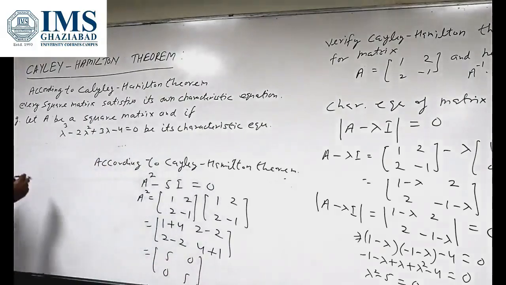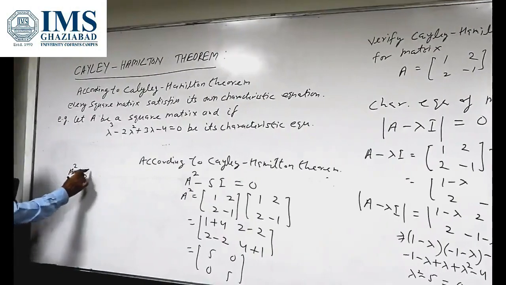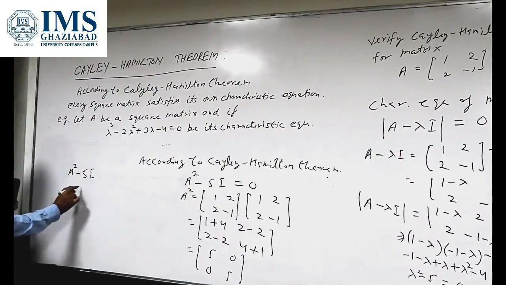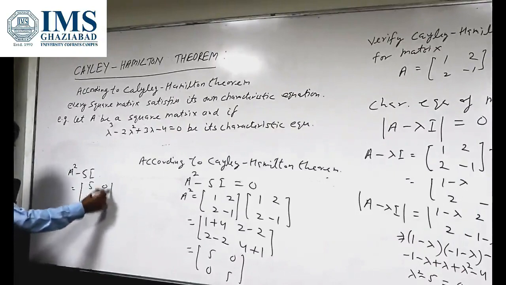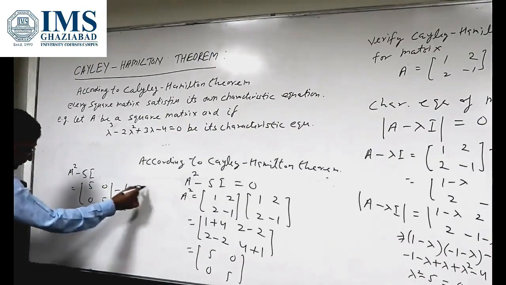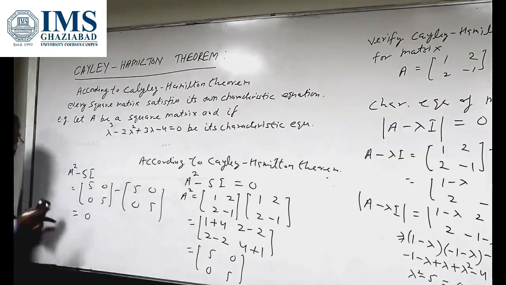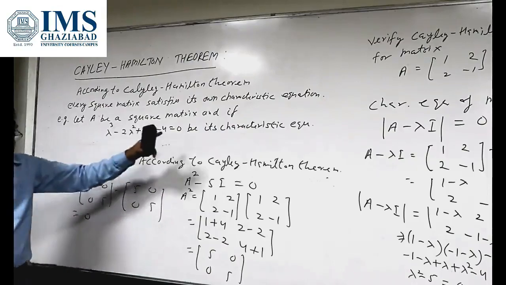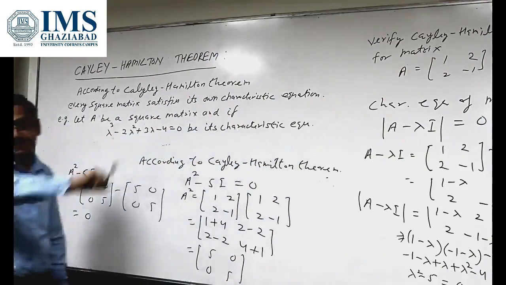Now, A square minus 5I equals, what is A square? [5, 0; 0, 5] minus 5I, means [5, 0; 0, 5]. So this equals 0. Hence, the Cayley Hamilton theorem is satisfied for the given matrix A.